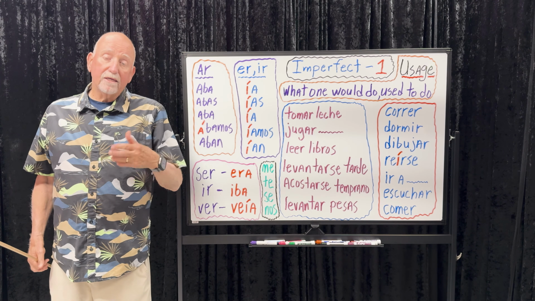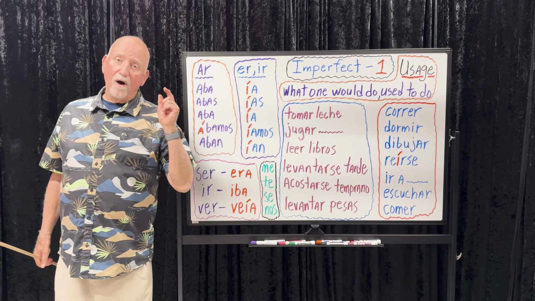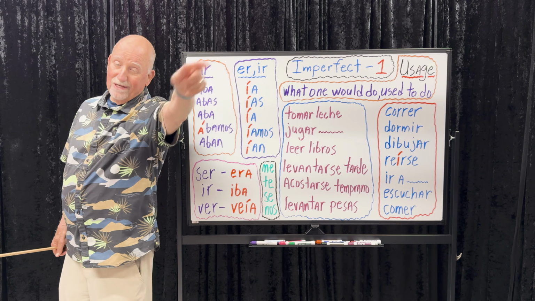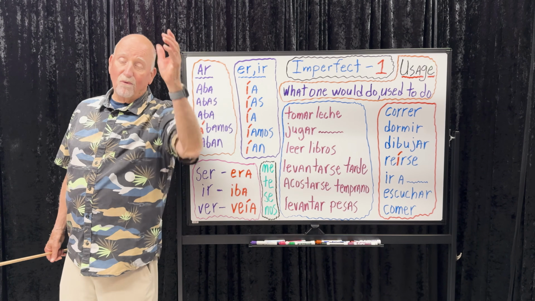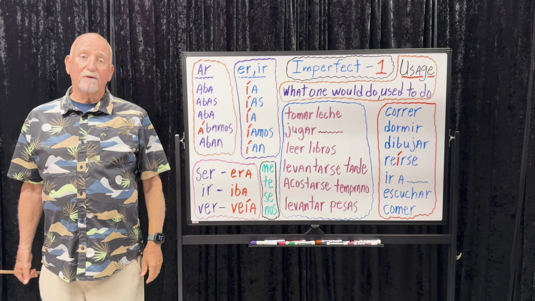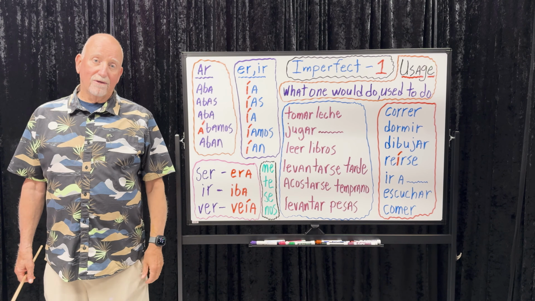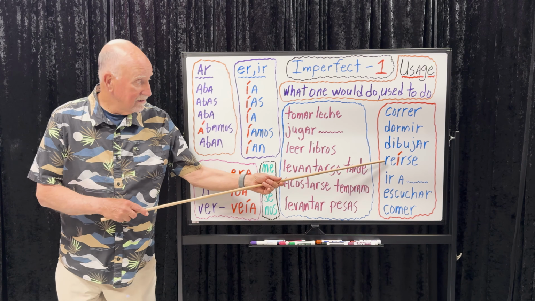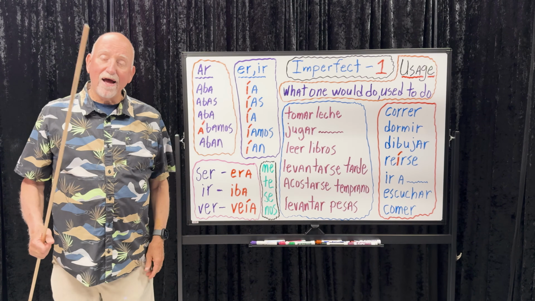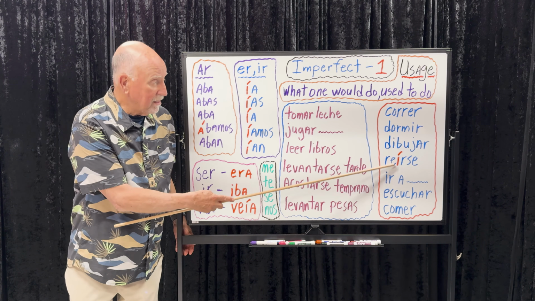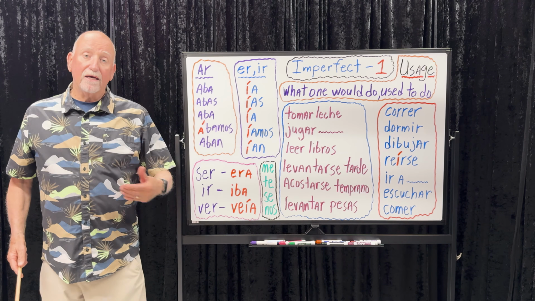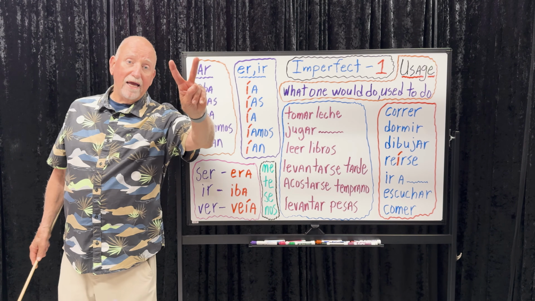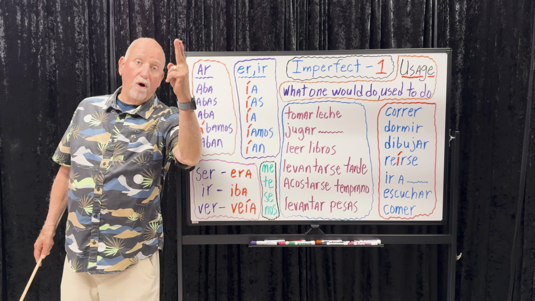Reírse. Reírse is to laugh. Why, amigos, question for the audience, why is there an accent mark on reírse? Well, take a look. Franco, you got it right. Because it needs to break up the diphthong, reírse, so that the E and the I sound like two vowels and not one.